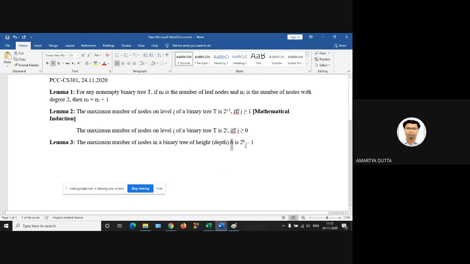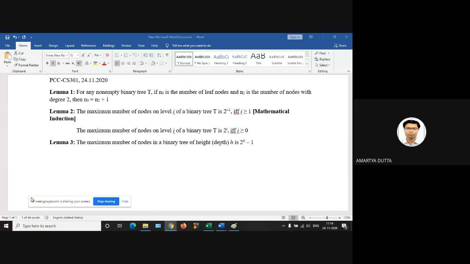Can you do that? Any idea? So this will also be proved using induction, I think. So here also we will have to use induction.